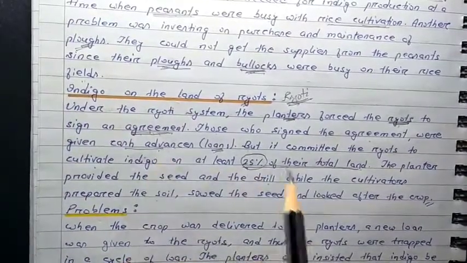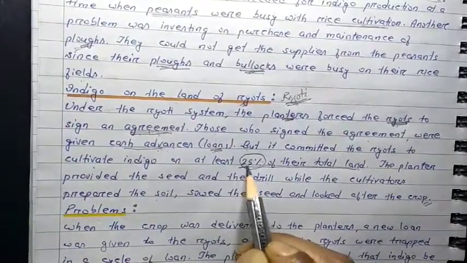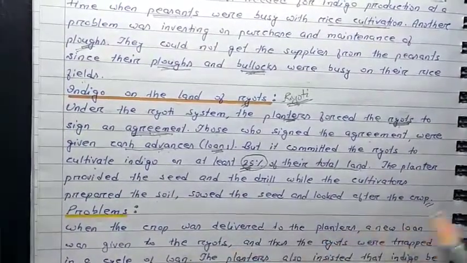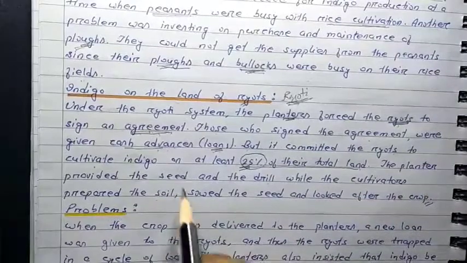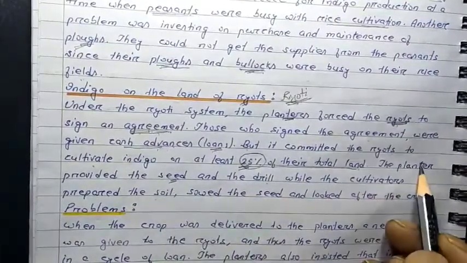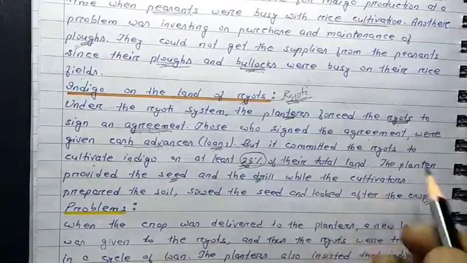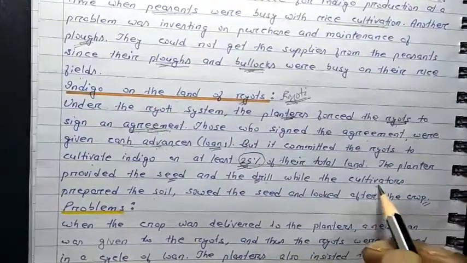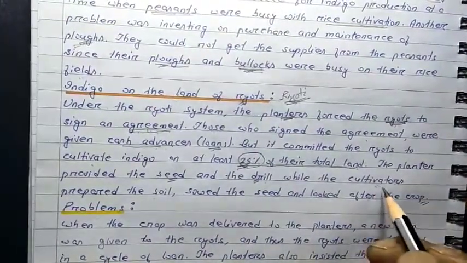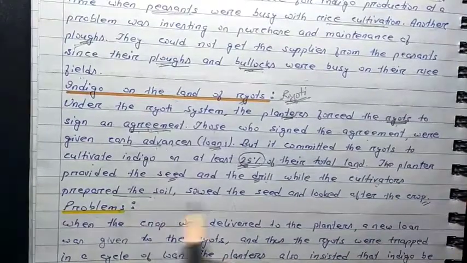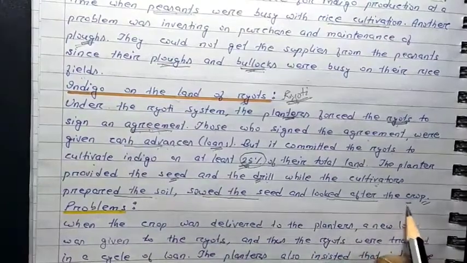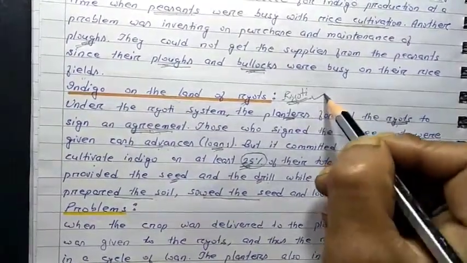At the same time, they had to cultivate indigo on at least 25% of their total land. And the seed and the drill would be provided by the planters, and the cultivators or the riots would prepare the soil, sow the seed, and look after the crop. That was the Rioting system.